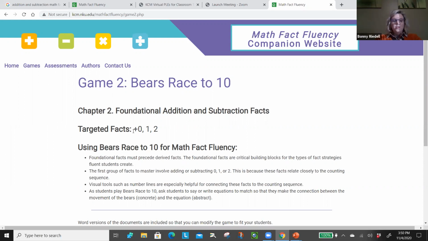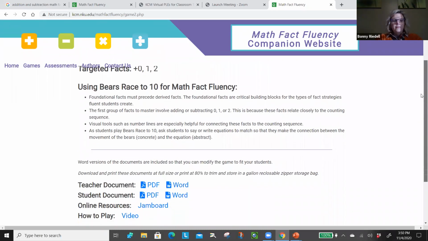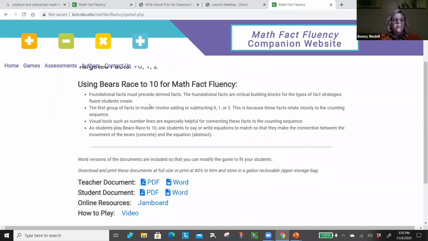This game targets plus 0, plus 1, and plus 2. And this is the game I was playing with Asher in that picture. It gives you a little bit of background as to what the game targets, the reasons why to play it, and what you should be focusing on.